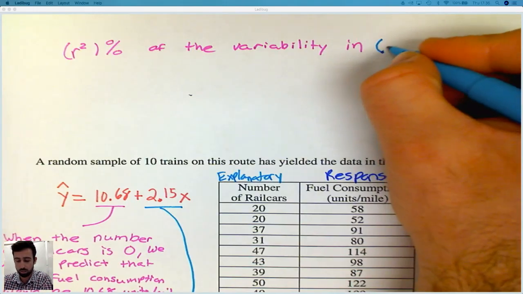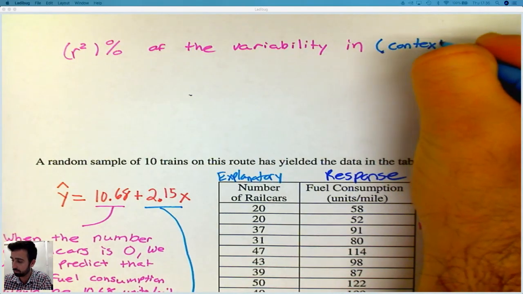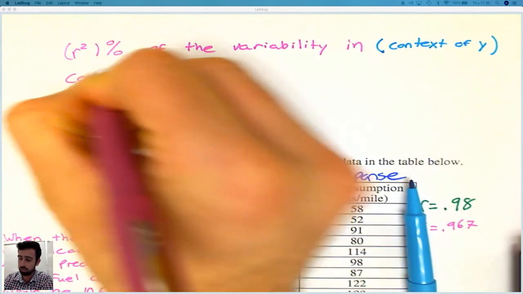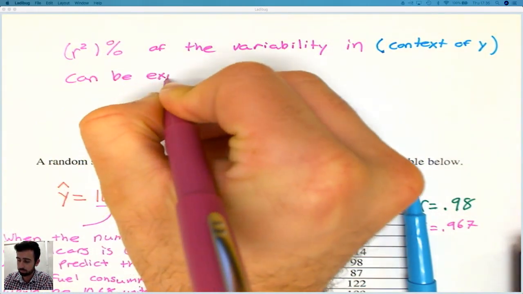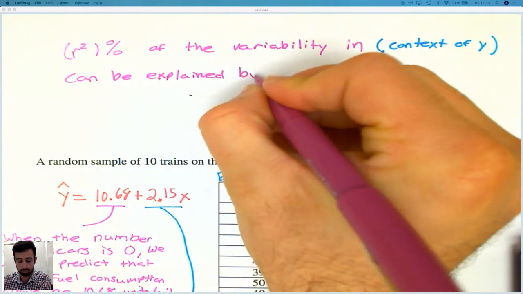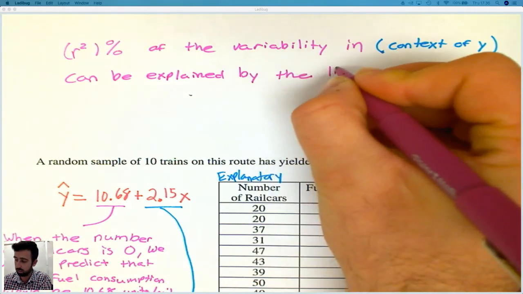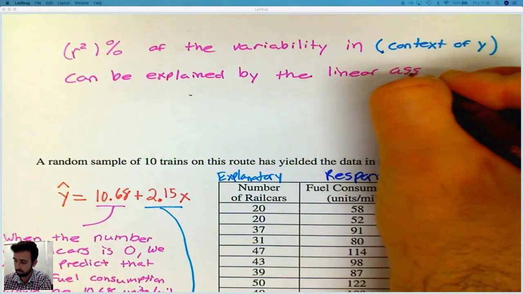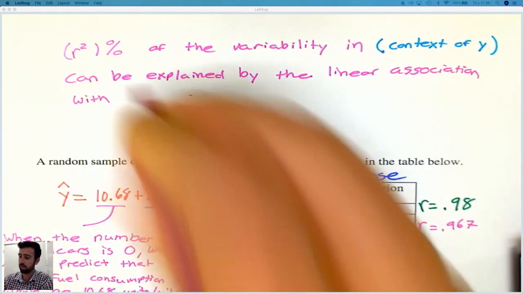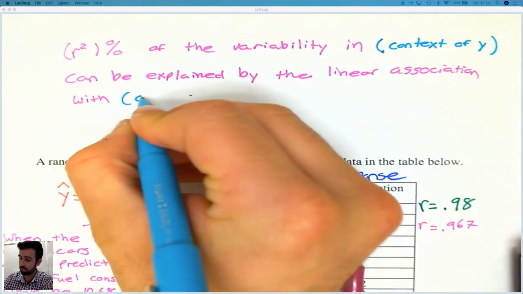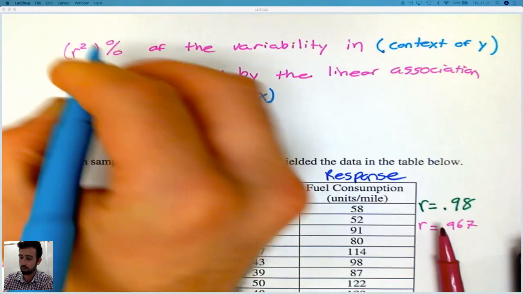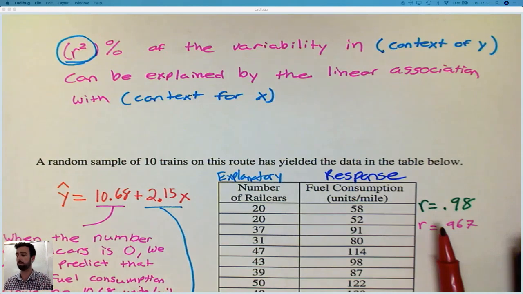So you're going to do context of Y, can be explained by the linear association with, and here's where you insert your context for X. And this also should be specific to your problem.